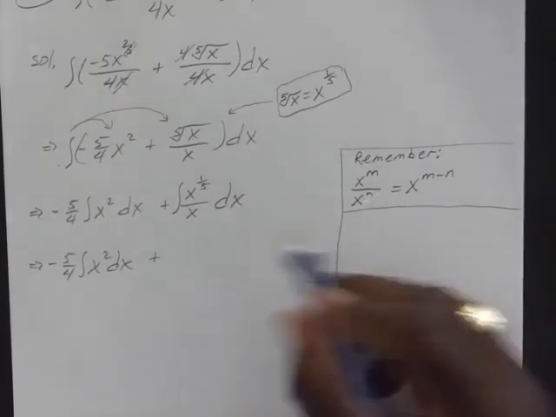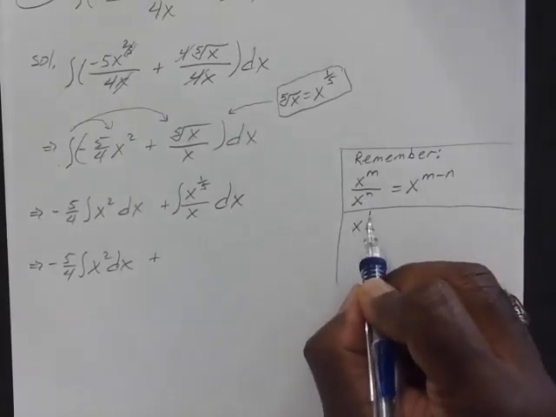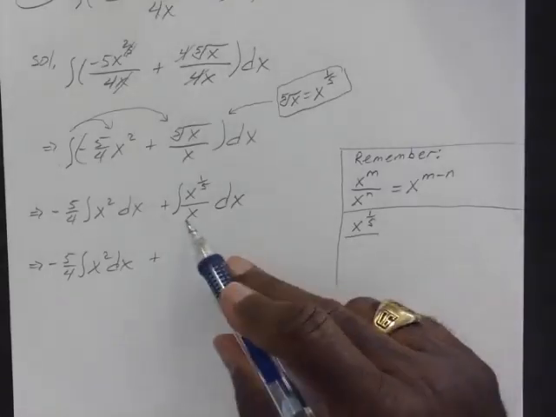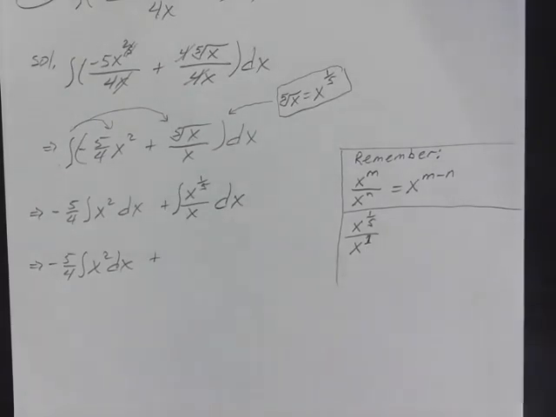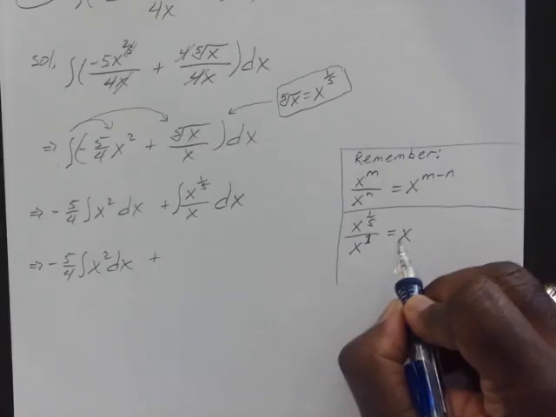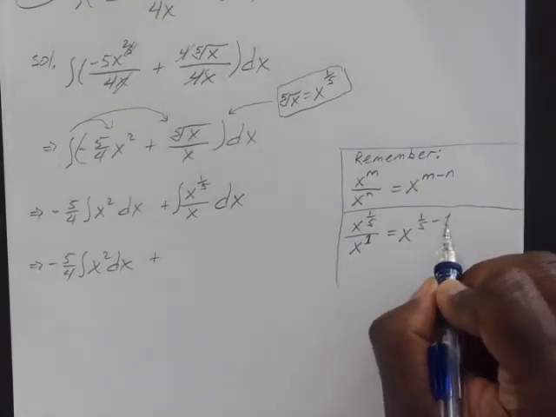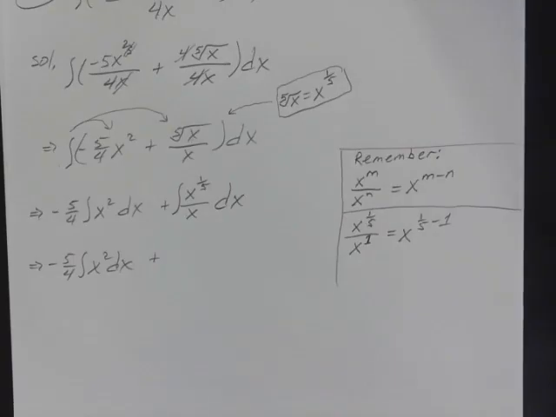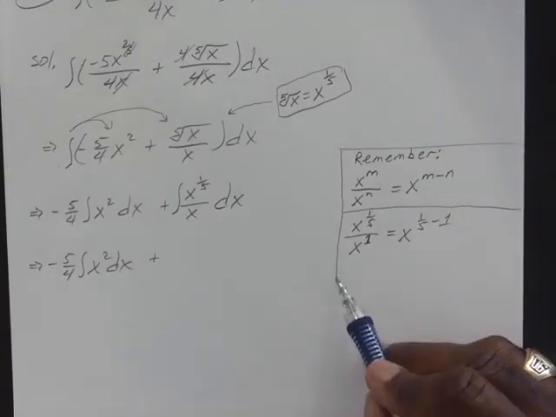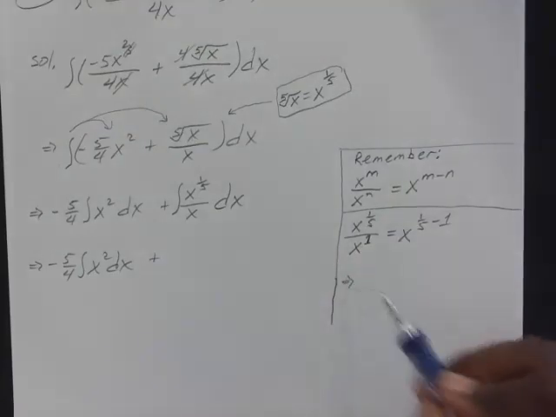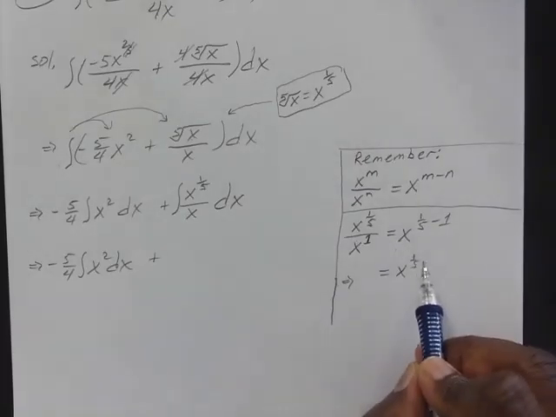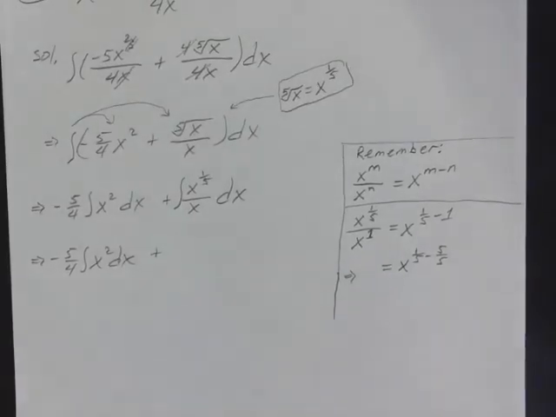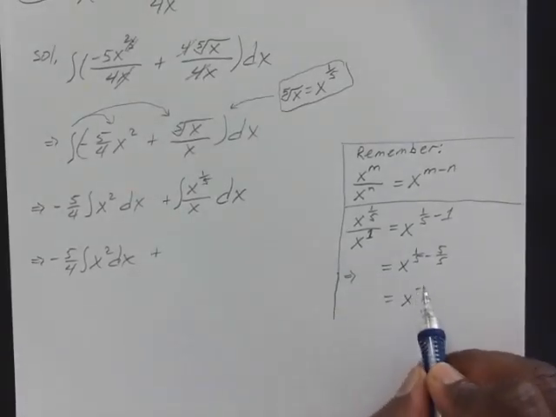So applying that to this one, we have x to the 1/5 power divided by x, which we can rewrite as x to the first power. And that's just equal to x to the 1/5 minus 1, which we could rewrite as x to the 1/5 power minus 5 over 5, which is x to the negative 4/5 power.